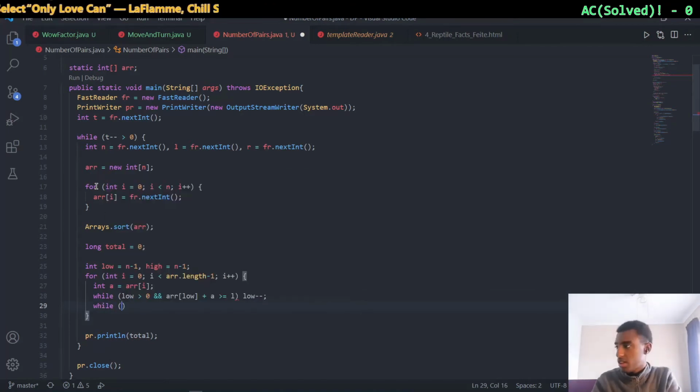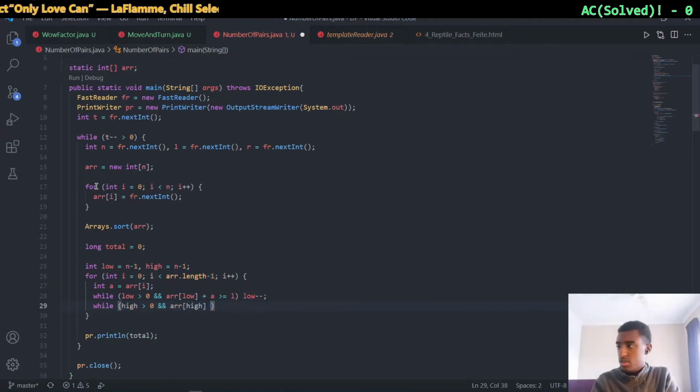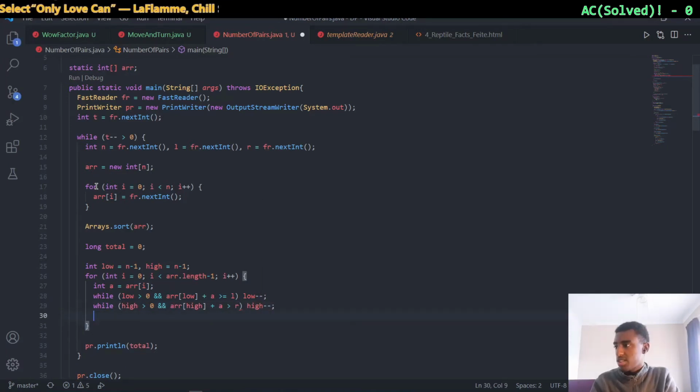And then while high is greater than 0, and then r high plus a greater than r, then we can say high minus minus. Then we'll have some range.